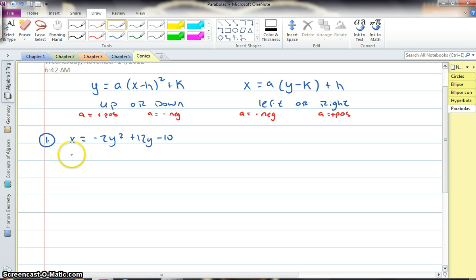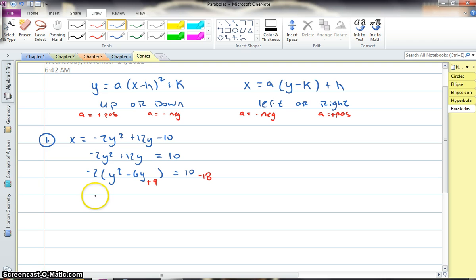So I'm going to replace my x with my 0, and I'm going to go negative 2y squared plus 12y and move my 10 over. Positive 10. All right, now you need to complete the square. So take out a negative 2, y squared minus 6y. Half of 6 is 3 squared is 9. So I'm adding 9, and I'm subtracting 18, because 9 times negative 2.